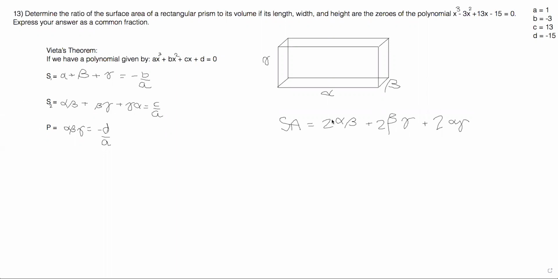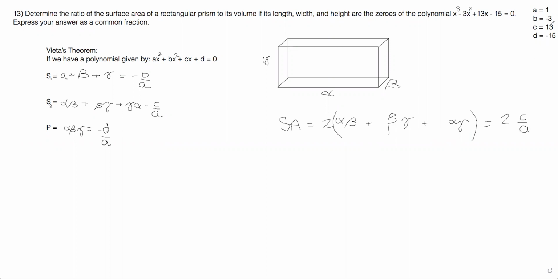We can factor out a 2 from everything, and I'm going to be really lazy and just do it like this. Don't expect greatness from me or any effort. You'll only be disappointed. So I took our surface area, moved the 2 out front, and I'm going to say this is equal to not just C over A, but 2 times C over A.